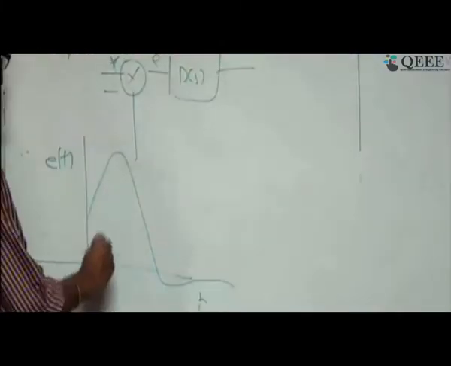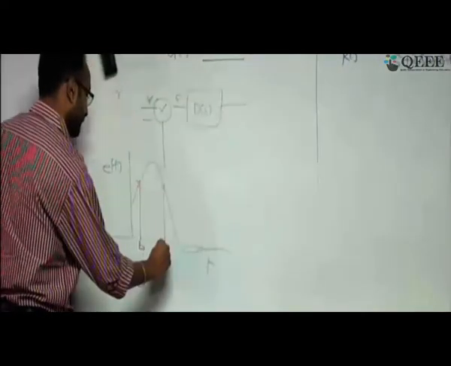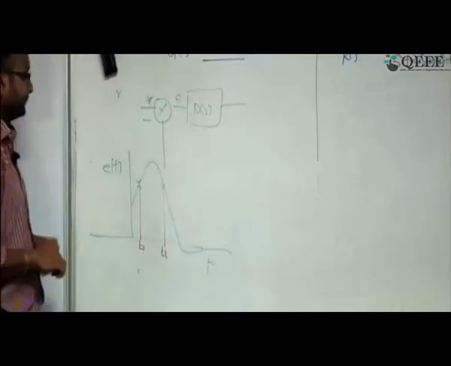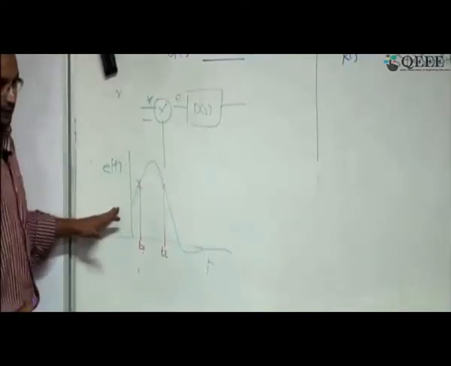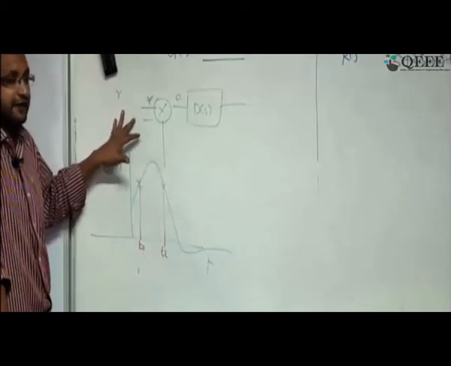Now, one interesting thing you can see here: at a particular time t1 and time t2. Let me again emphasize this point because it's a very intuitive way of understanding the derivative controller.